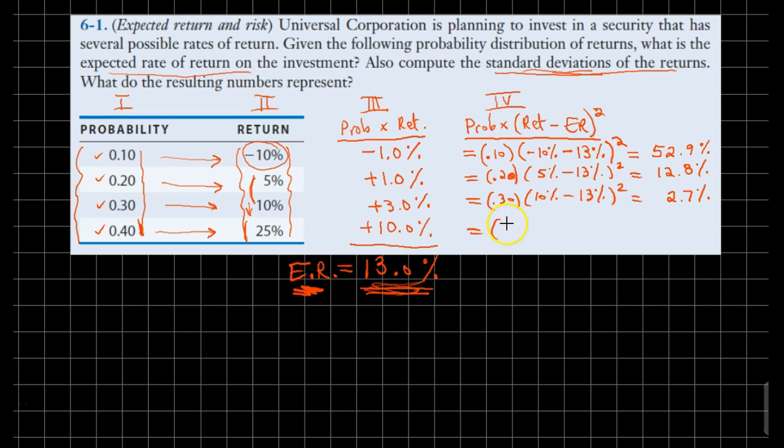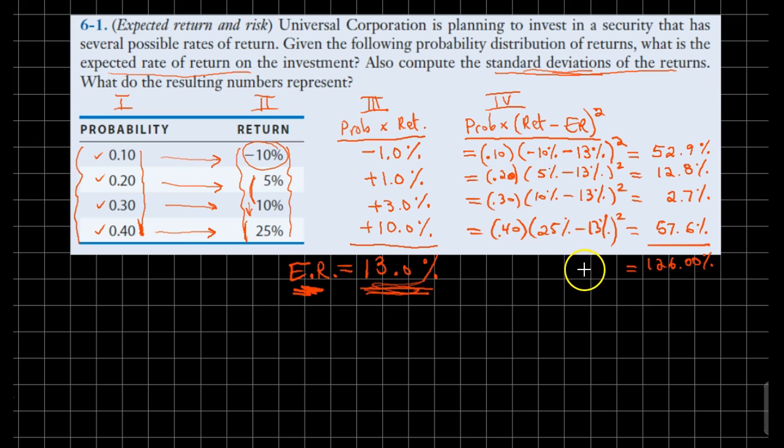And finally, with 40% chance, our return will be 25%. The average return did not change, so 25 minus 13 is 12. 12 squared is 144. 40% times 144, we get 57.6%.